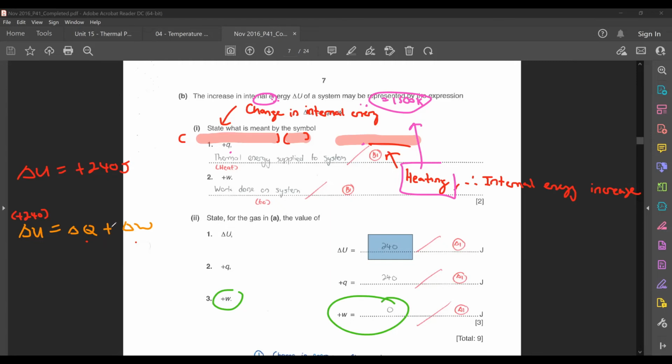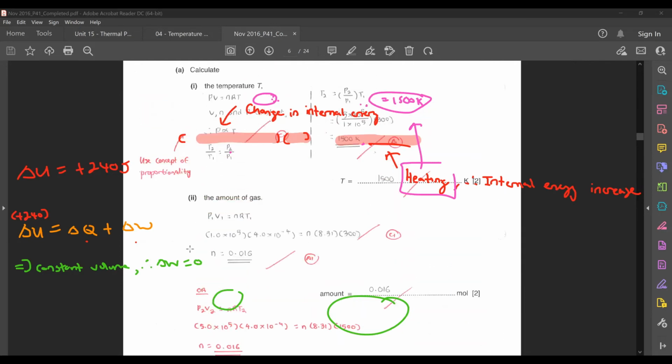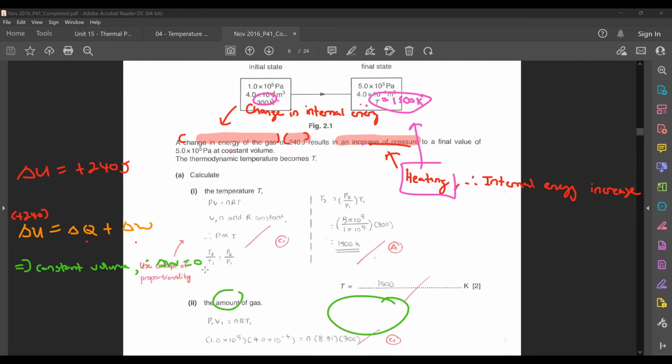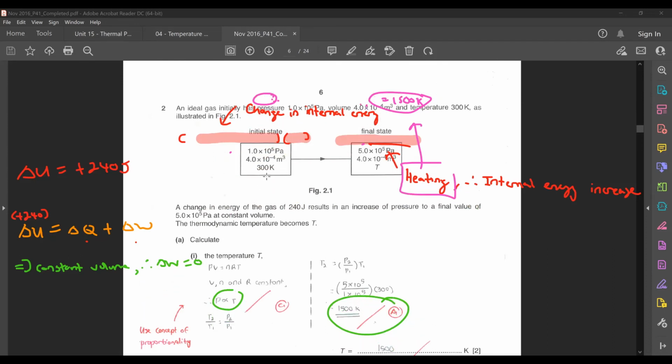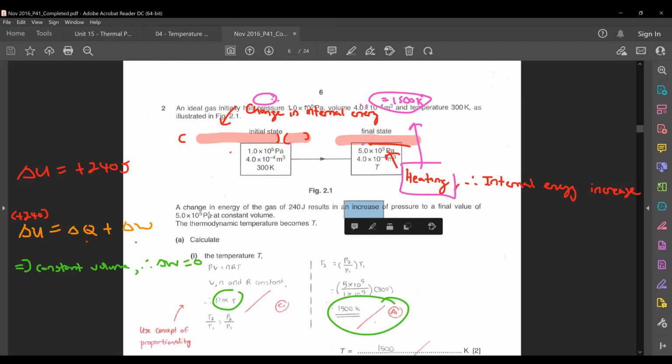How do I know it's 0 in the first place? It's because you had constant volume. Therefore, delta W is 0. Your question already mentioned that when you were heating it up, you had an increase in pressure to some final value at constant volume. So at the initial state the volume is 4 times 10 power minus 4.